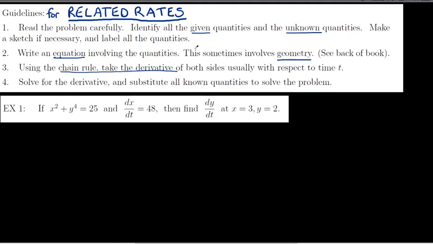But in most cases, you're taking the derivative implicitly. And again, don't forget to use the chain rule. The chain rule here is the key. And because we're changing over time, the variable we're taking the derivative with respect to is going to be time here, in most cases, I would say.